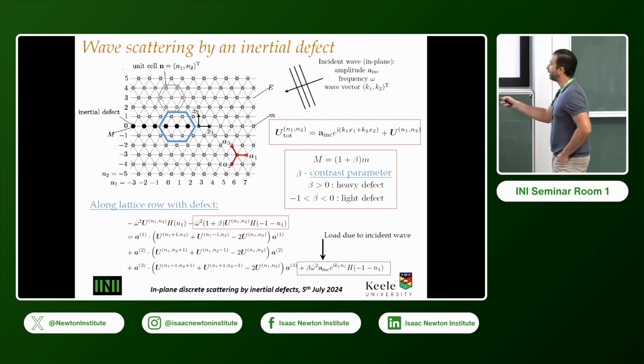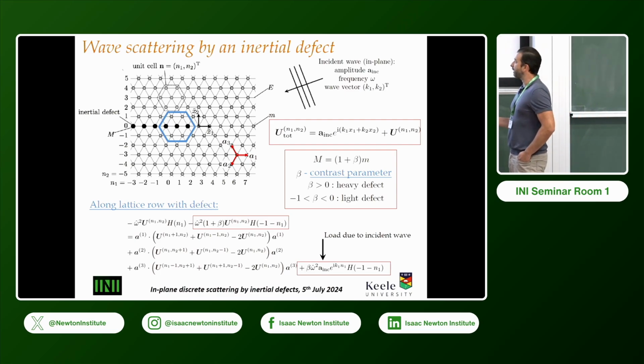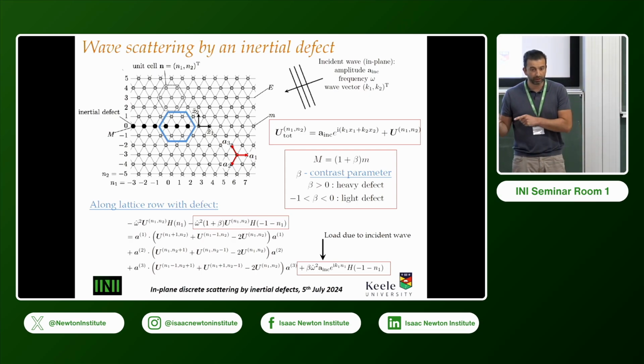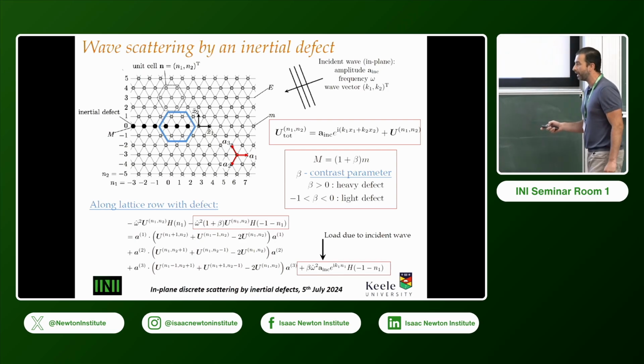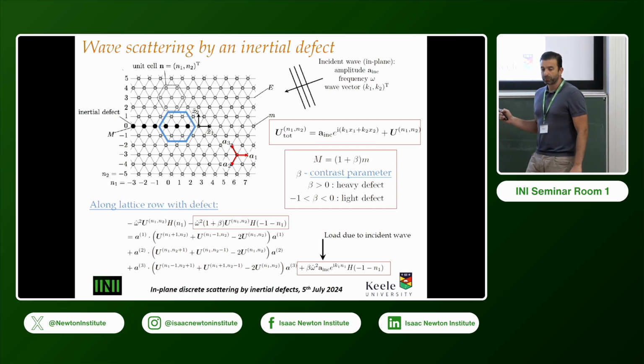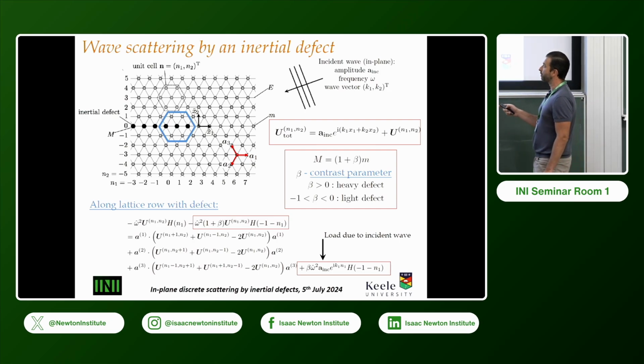So along the defect, you're doing the same thing for the scattered field, and here you have to take into account that your inertia varies depending on where you look along the row containing the defect. This leads to a discontinuity in the inertia terms in the equations, which you can represent, or combine the equations governing those masses along that row, using the Heaviside function.